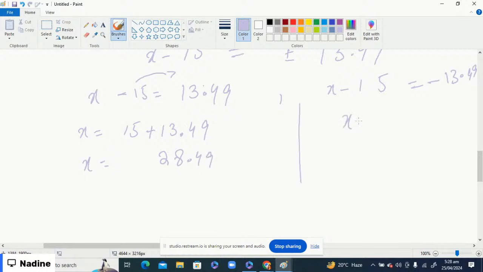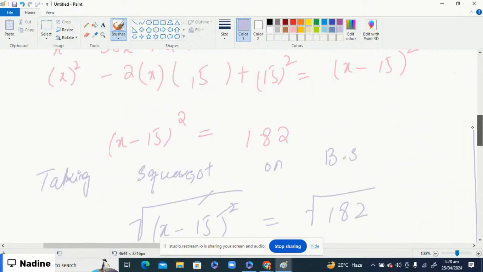Now in that side, x is equals to 15 minus 13.49. So here you get the answer 1.51. These are the two values of x. And in this way, we can also find it by using the square root method. This is the square root thing.